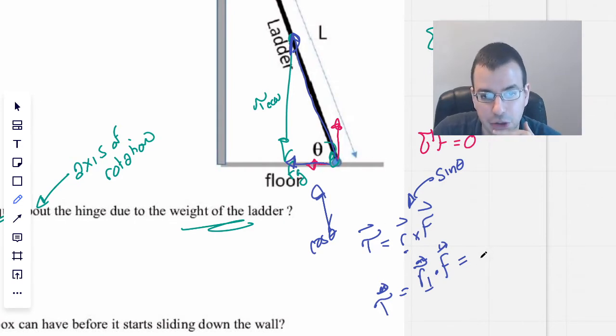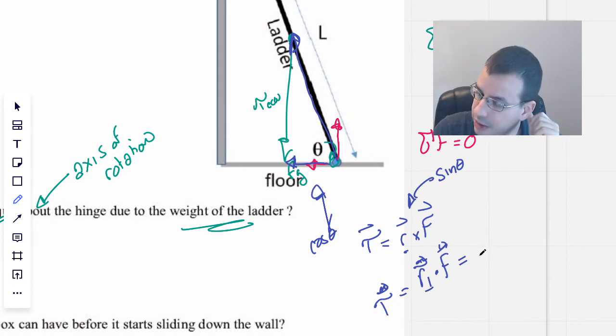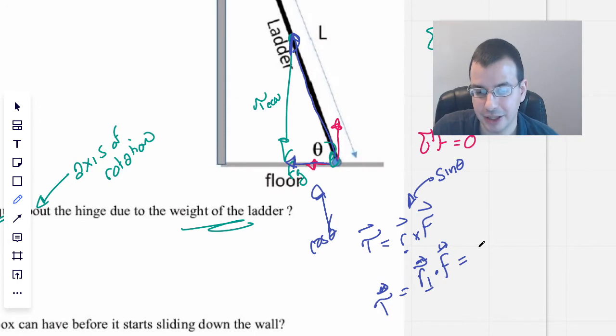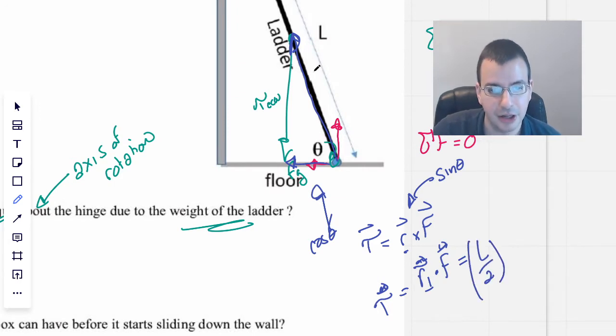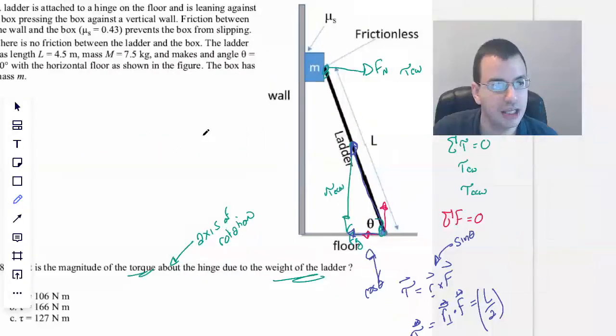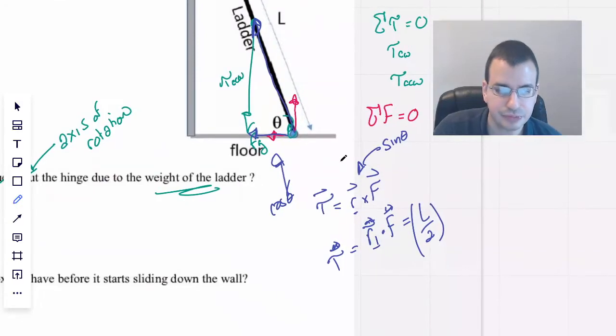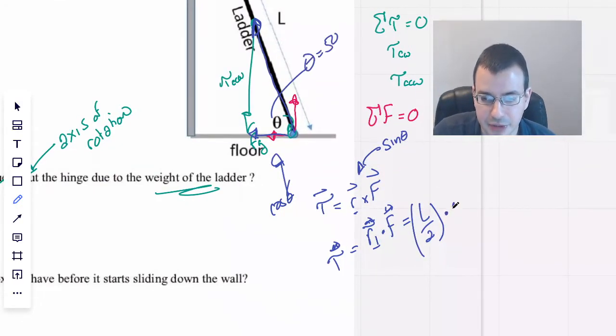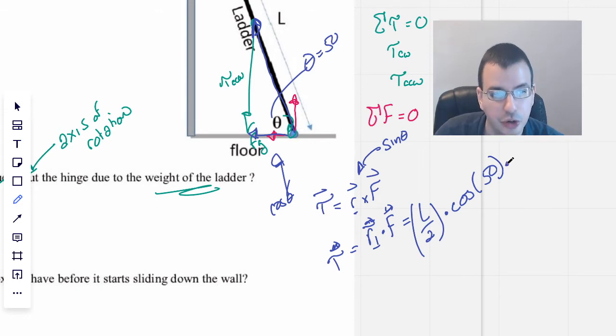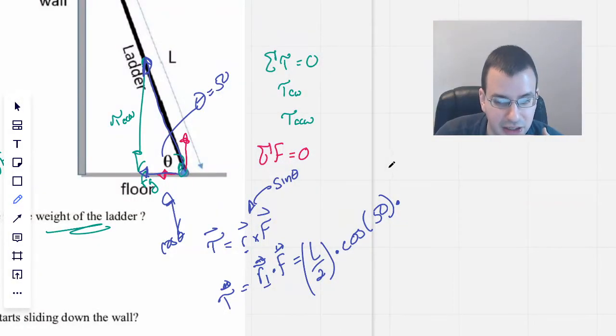So the torque due to the ladder will be the length of the ladder over 2, because we're looking at the center point, times cosine of theta, where theta is 50. Then we multiply that by the force, which is mass times gravity.